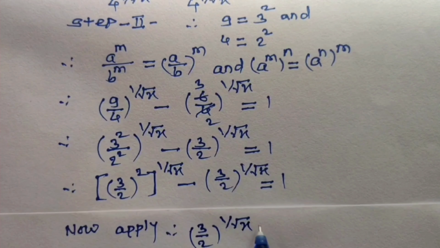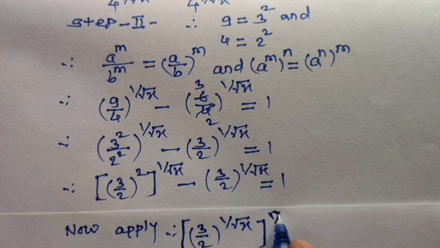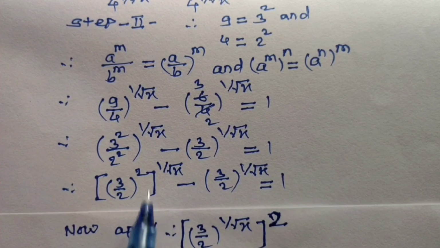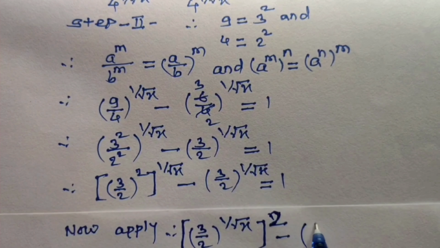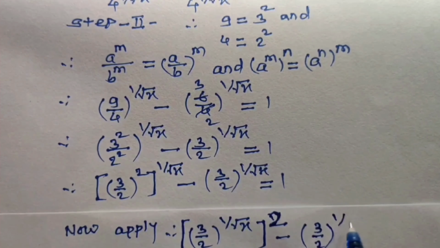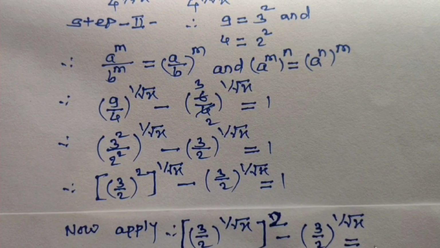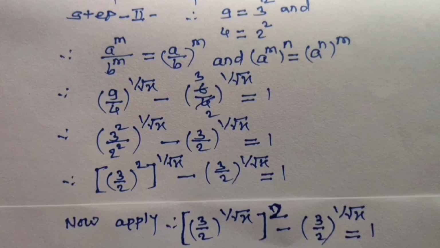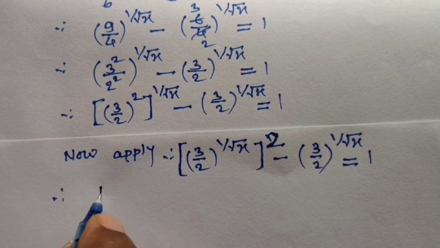Now, applying the above laws of indices, the left hand side first term becomes 3 divided by 2 to the power 1 over root x, its power 2. That is interchange of powers. And the second term becomes 3 divided by 2 to the power 1 over root x, keeping the second term on the left hand side and the right hand side as it is.